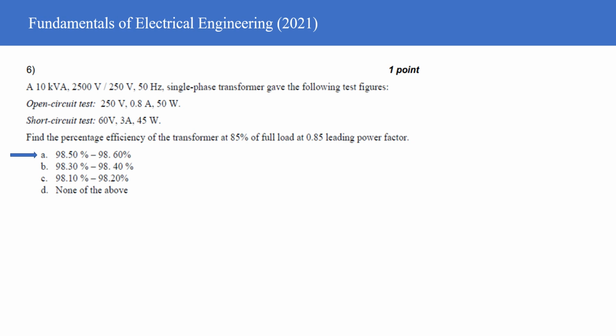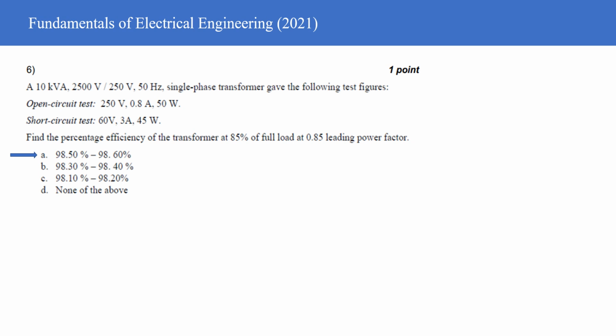So in this particular question, it's given to you that a 10 kVA single phase transformer, the transformer remains the same. Find the percentage efficiency at 85% of the full load at 0.8 power factor leading, right?